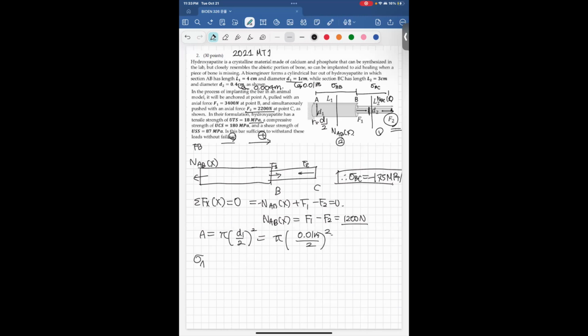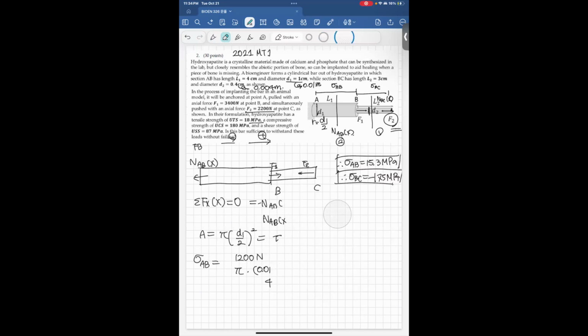So the stress of AB is going to be 1200 newtons over pi times 0.01 meter squared over 4, which, if you calculate this, will become 1.52 times 10 to the power of 7 pascals, and converted to megapascal, it's going to be 15.3 megapascal. So we have the stress of AB as 15.3 megapascal. Great, so moving on to the next.